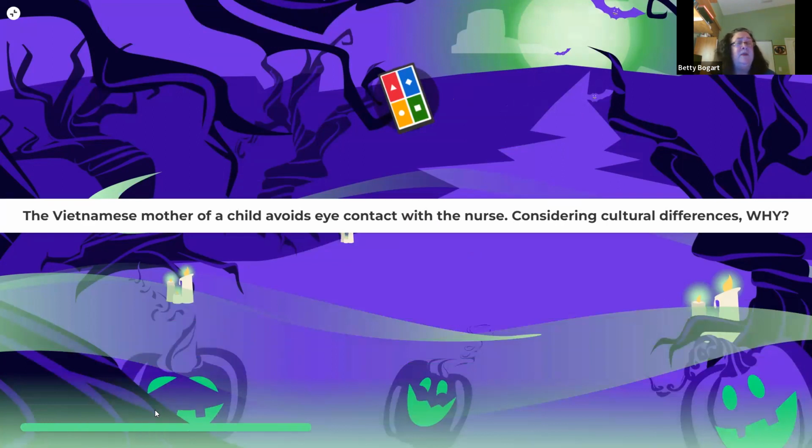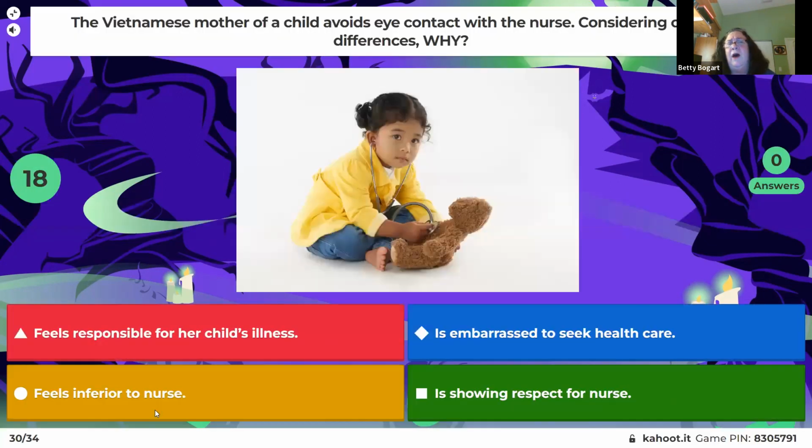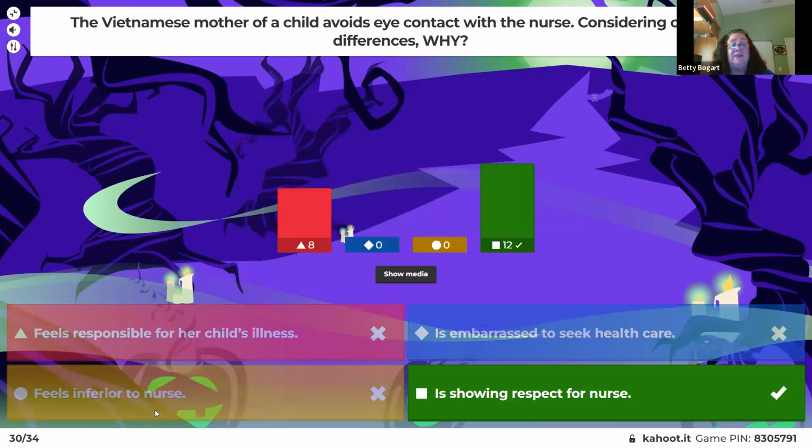The Vietnamese mother of a child avoids eye contact with a nurse. Considering cultural differences, why is she doing that? This is respect. This is all respect.